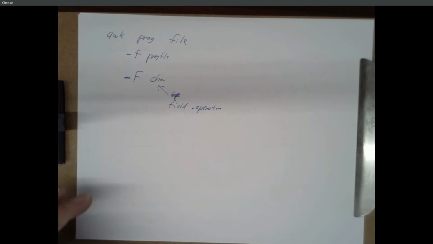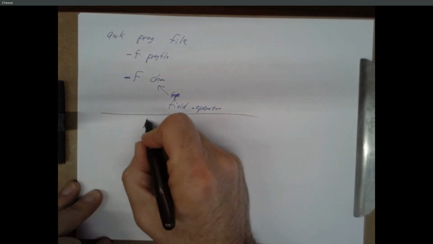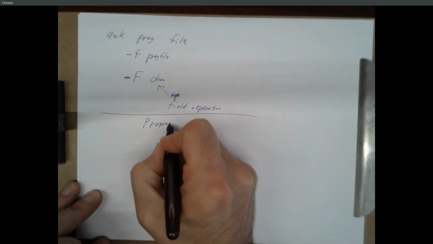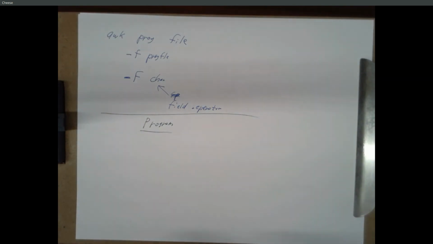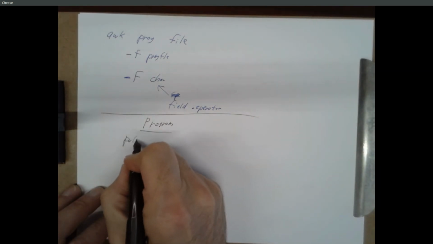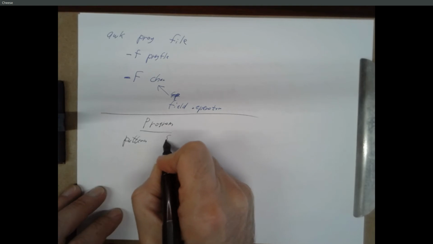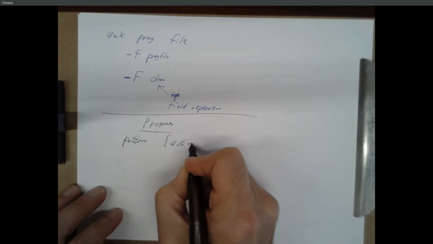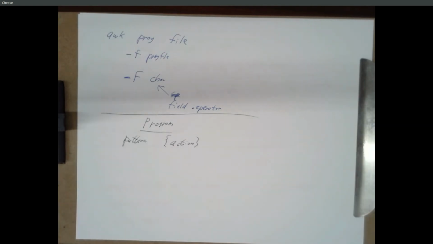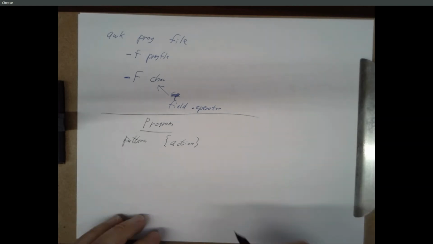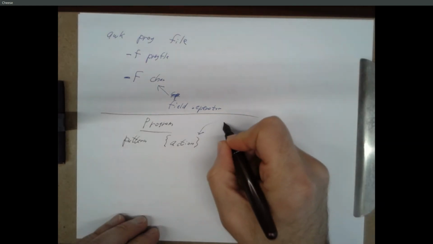Okay, so what does a program look like? It's basically a pattern, and then inside curly brackets, an action. And so an example of an action is print.